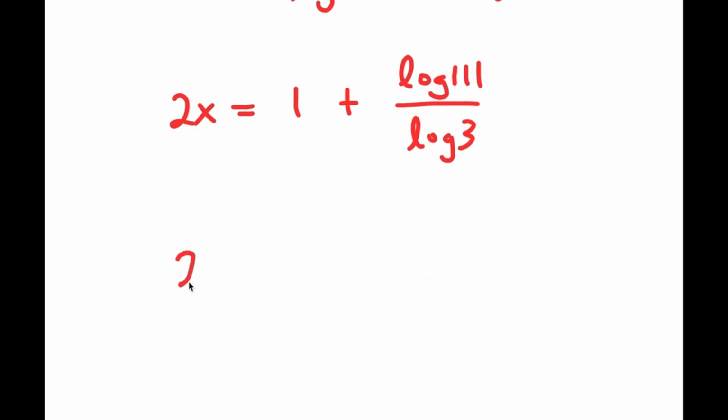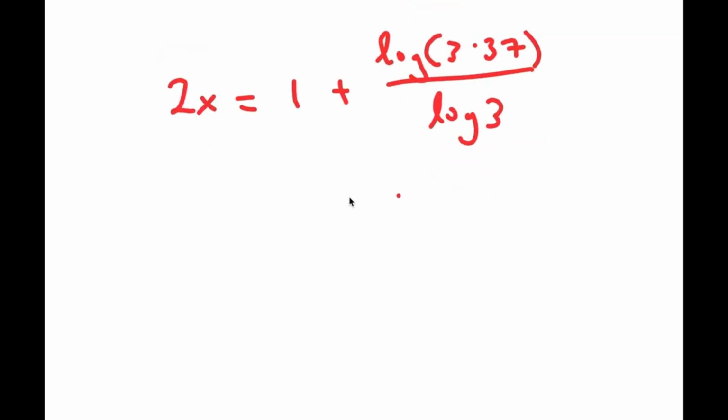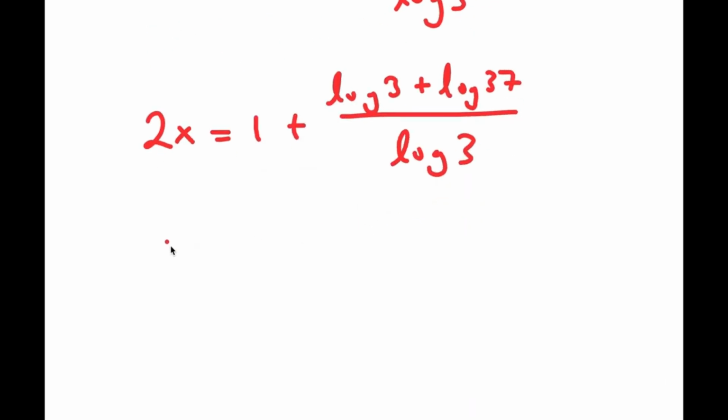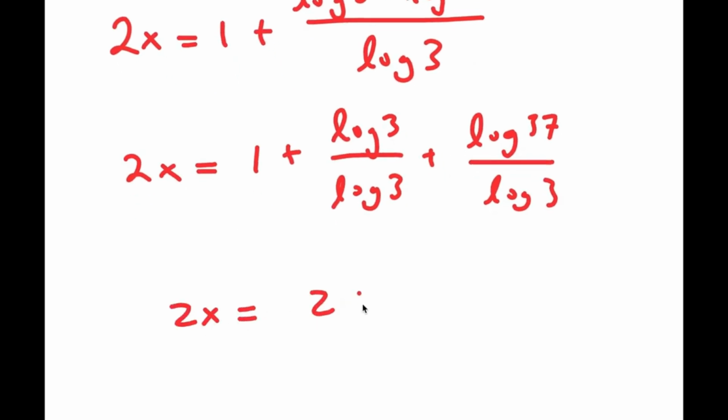Now log 111 is the same thing as log of 3 times 37. So now this is equal to log 3 plus log 37 over log 3, which turns into log 3 over log 3 plus log 37 over log 3. And this is equal to 2 plus log 37 over log 3.